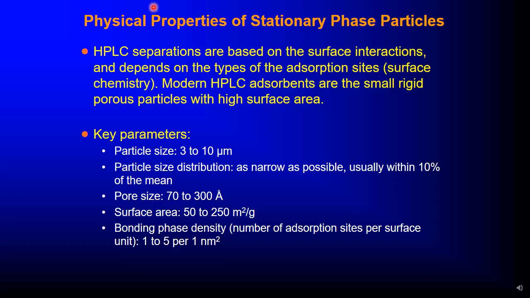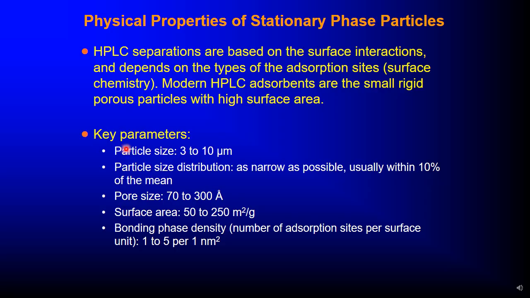Then, physical properties of stationary phase particles. In HPLC, separations are based on the surface interactions and depend on the types of adsorption sites. Modern HPLC adsorbents are small, rigid, porous particles with high surface area.